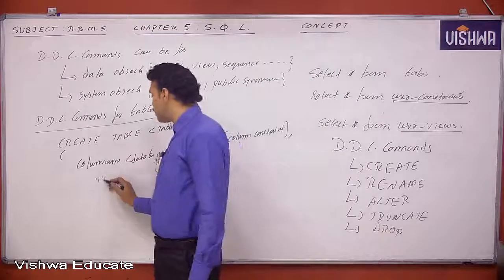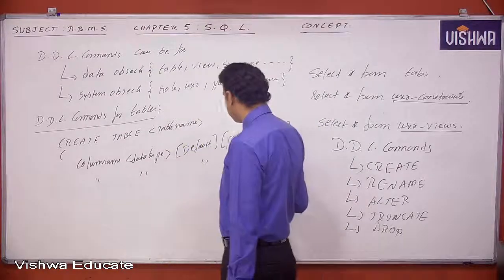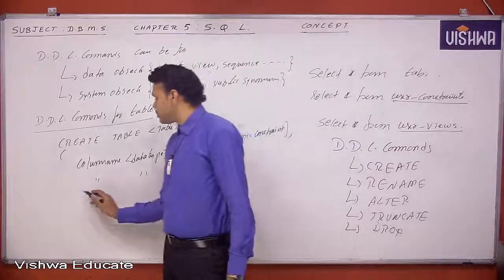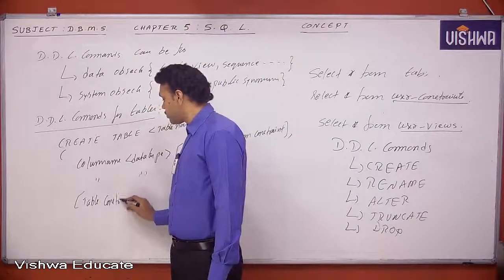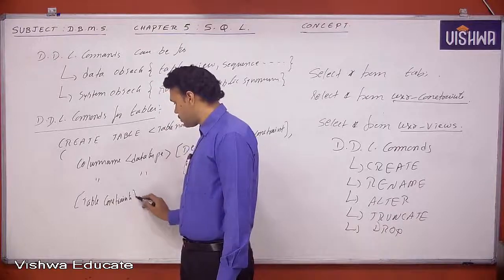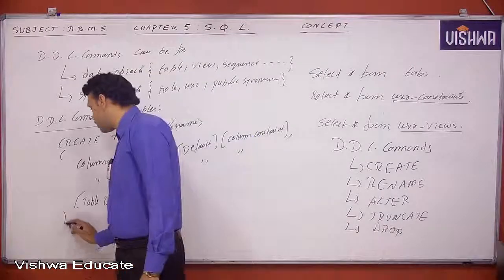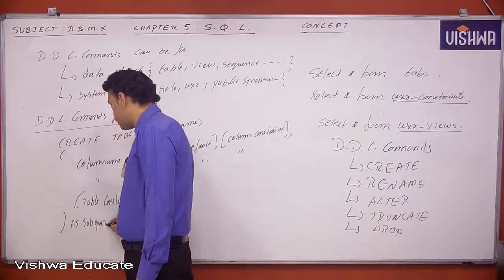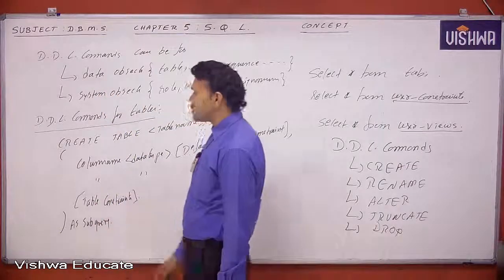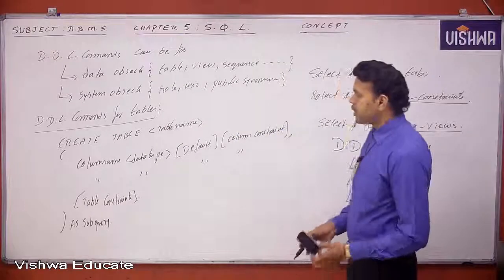Next, column name, same. Next, table constraints. Next, as subquery. This is the structure of the create table command.